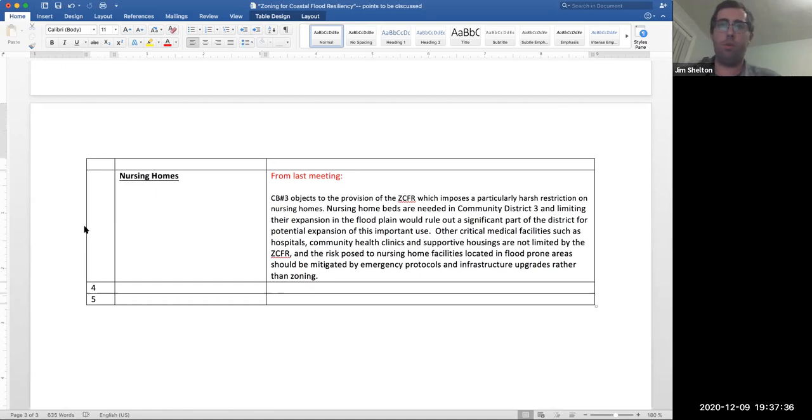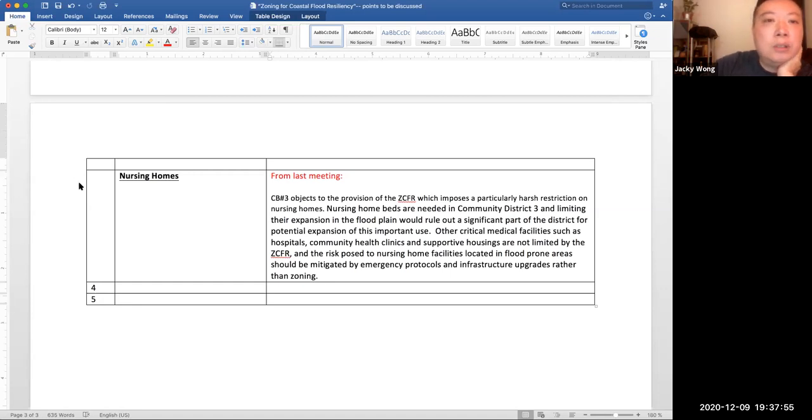Someone's going to have to, we're not really doing this procedurally in the right way. Someone's going to have to move to insert this at a certain place in the resolution, but I can introduce the language. Yeah, because my plan is that we all agree on these points, and then I would just ask someone to introduce it, to motion that and move all the points to the resolution.